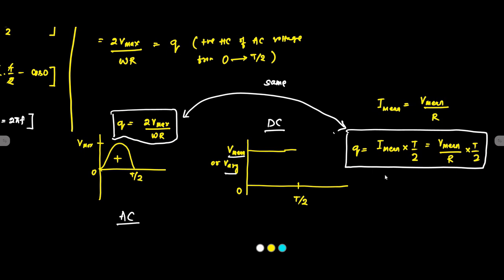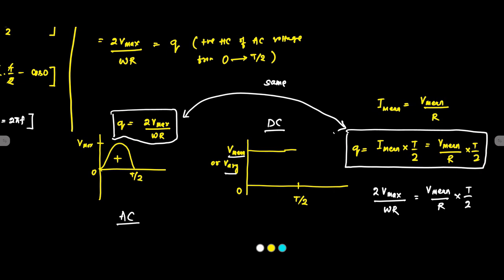So 2 V max by omega R is equal to V mean by R into T by 2.